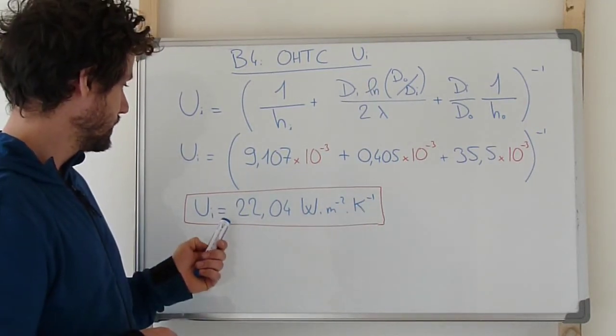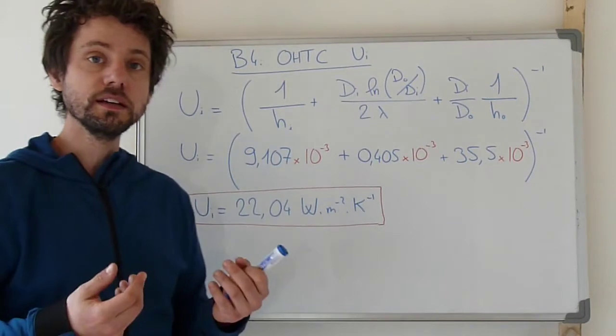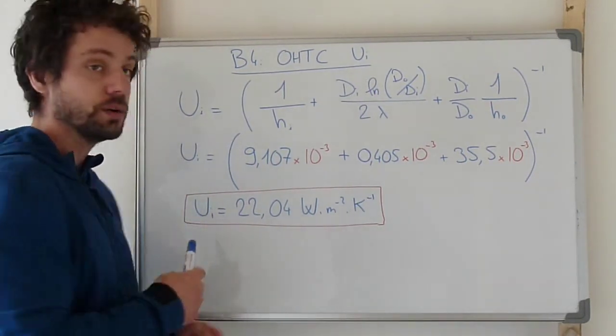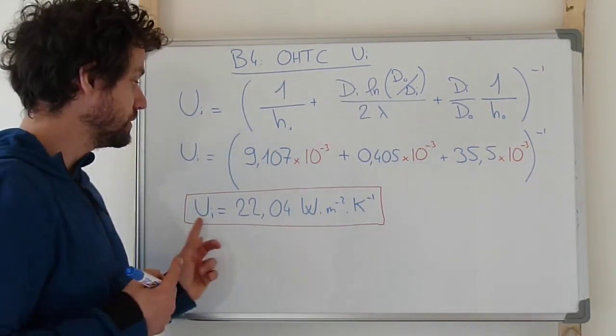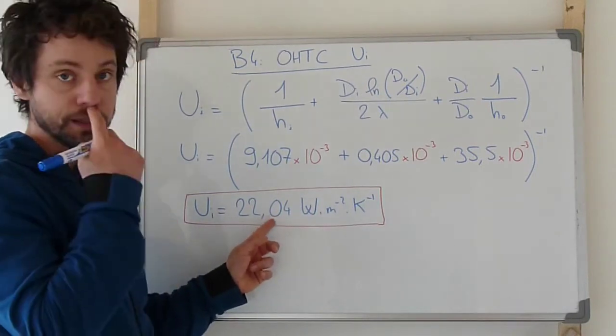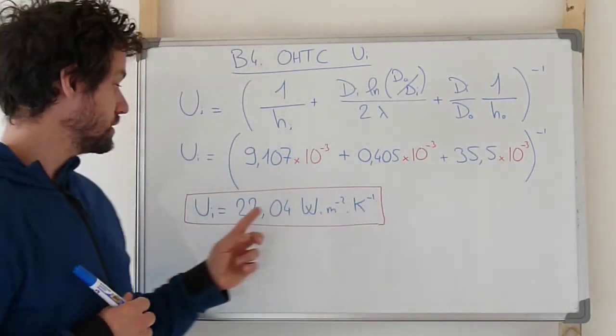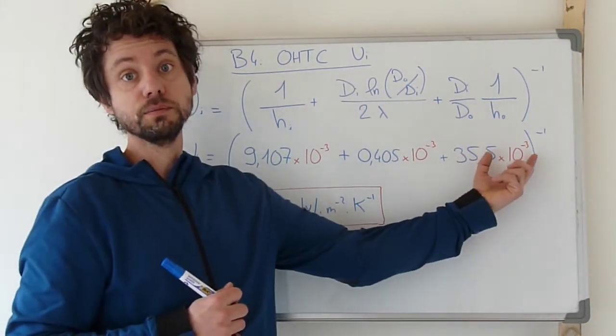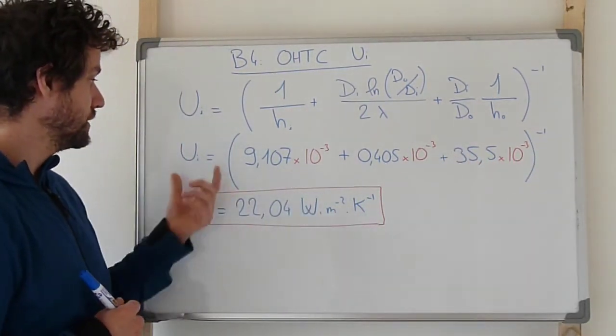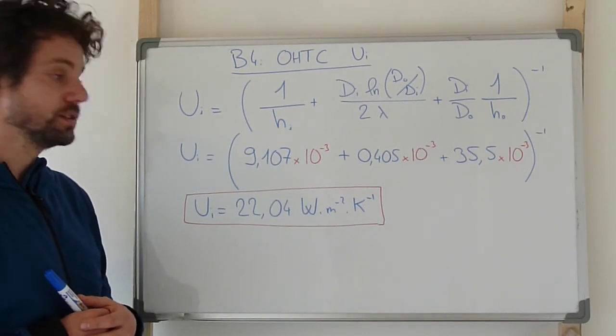And not surprisingly, the value of the overall heat transfer coefficient is very close to the value of the outer convective heat transfer coefficient, because this is the main term we have inside this overall heat transfer coefficient.